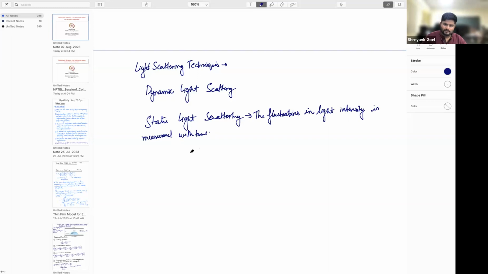This is already discussed in lecture, so I'm not going to discuss it in too much detail. That is dynamic, where we are observing with time, as the name suggests, and this is static, where we use the time average intensity of the scattered light.